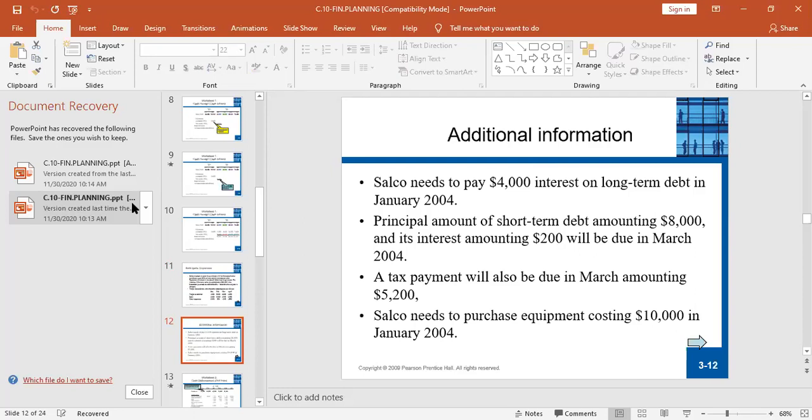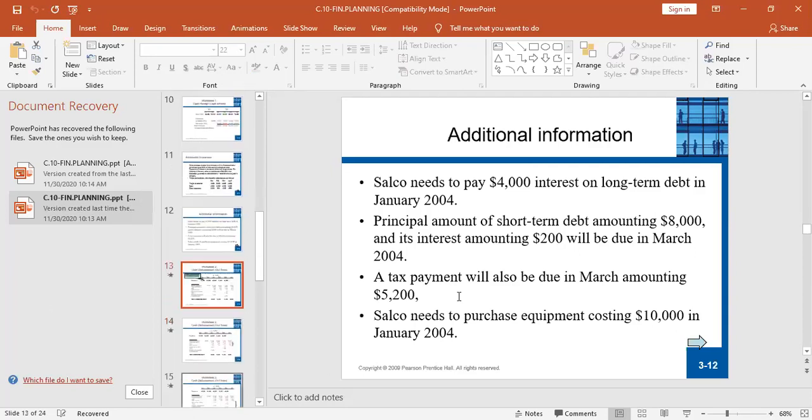Next, the tax payment will also be due in March. So in March also there is a tax payment of 5,200, and Selco needs to purchase an equipment costing 10,000 in January. So in January there is an equipment purchase. So it is like this.